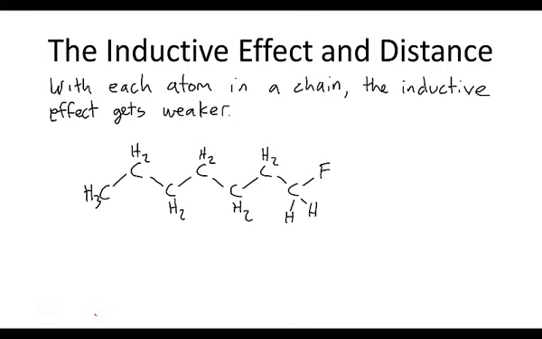So if you had a fluorine at one end of a chain that's pulling the electrons towards itself, the next carbon would be induced to pull on this carbon-carbon bond a little more. The next carbon would be induced to pull on this carbon-carbon bond a little more, and so on, but the effect would get smaller and smaller as you go down the chain. So by the time you get over here, there's very little effect on this end.